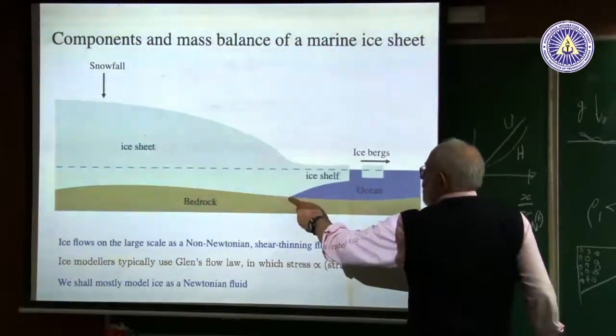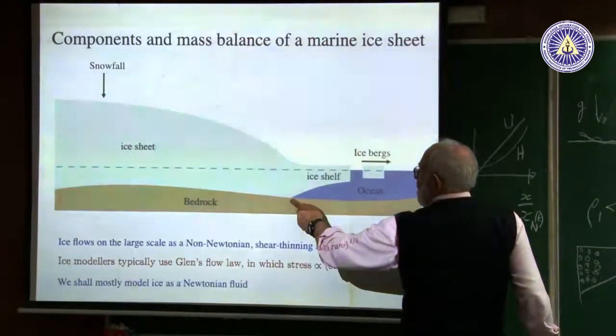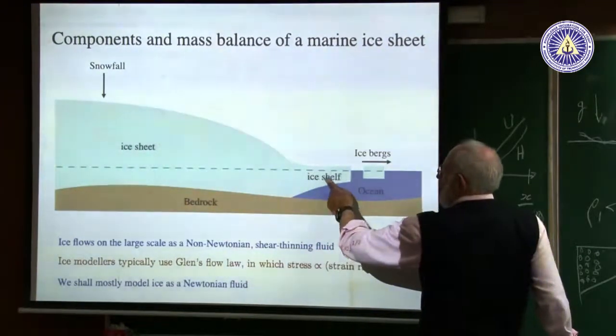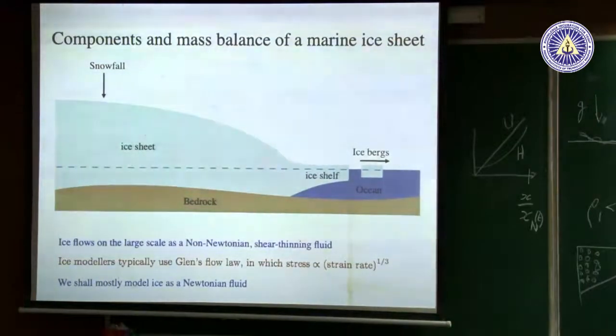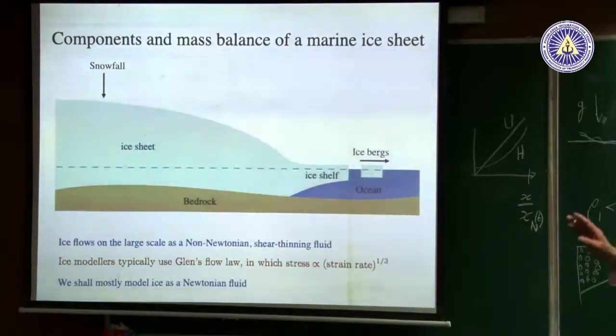So that means eventually at what's called the grounding line, it has to leave and comes up here, and then it'll melt. You get icebergs. Now it's true that ice is a non-Newtonian fluid, and that no doubt involves other aspects, but the simplest case, and the one that I've done, is to consider it just as a Newtonian fluid.